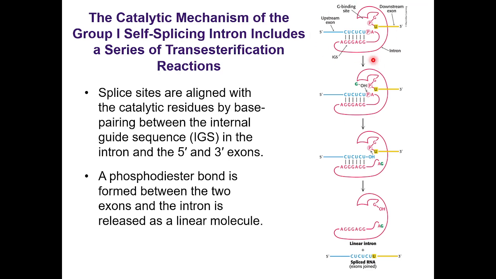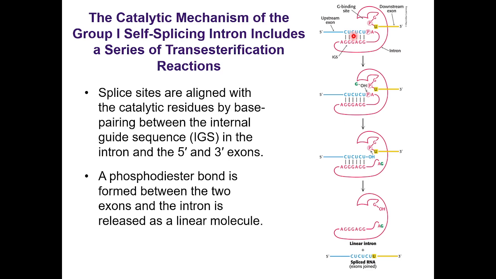Okay, so right here we actually have the upstream exon. Again, a phosphodiester bond will be formed between the two exons, and the intron is going to be released as a linear molecule, which can then fold back onto itself in a loop form. So this will be the first part right here. Here we have everything joined together. We have the upstream exon. Right here we're going to have the IGS. It's going to fold back onto itself and match. That's why it's the guiding sequence, right?